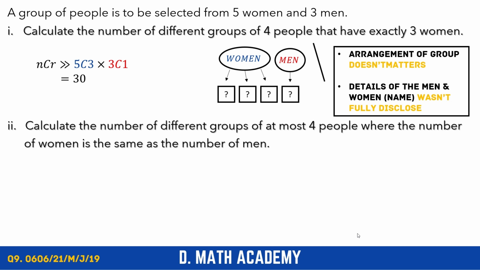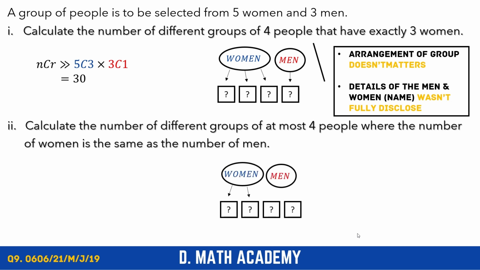As for the next part, calculate the number of different groups, at most 4 people, where the number of women in this is the same as the number of men. For this, I listed down a possibility where 2 are women and 2 are men. So it will be 5C2 times 3C2.